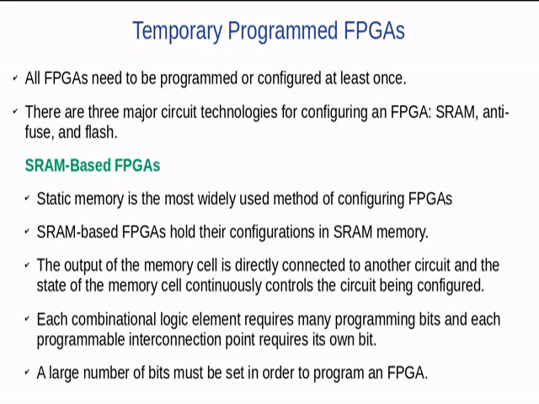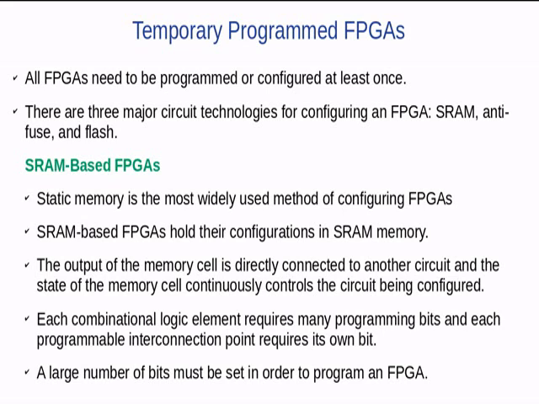SRAM based FPGAs hold their configuration file in SRAM memory. The output of the memory cell is directly connected to another circuit, and the state of the memory cell continuously controls the circuit being configured. Each combinational logic element requires many programming bits, and each programmable interconnection point requires its own bit.